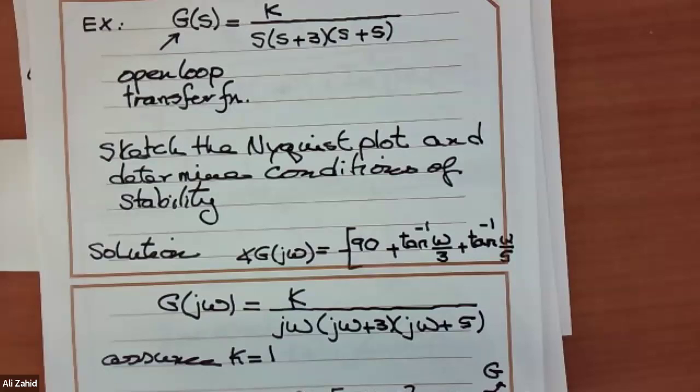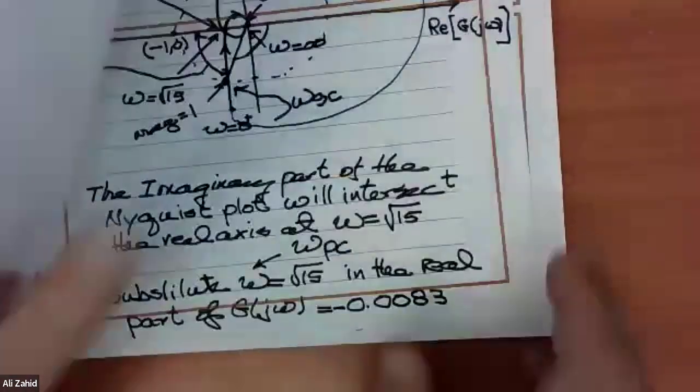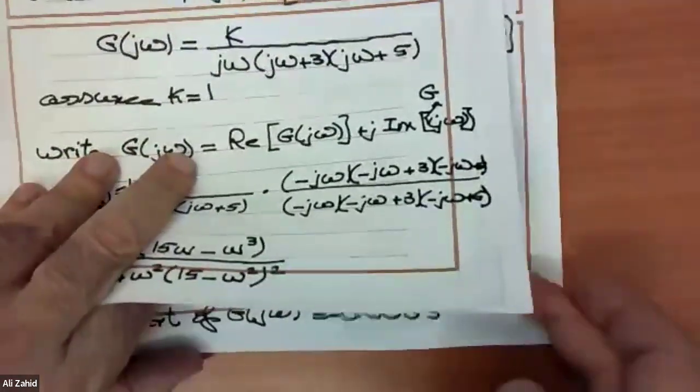Did you get it? The larger the phase margin, the larger the what?